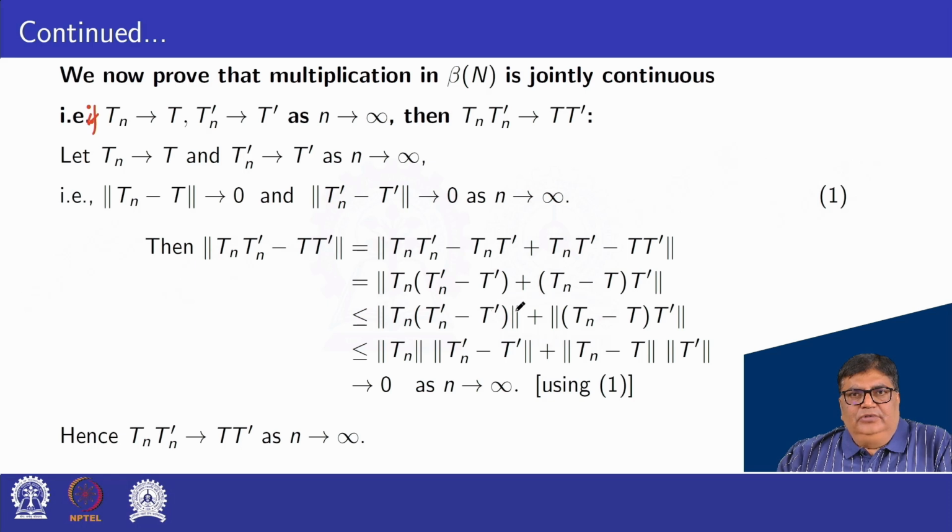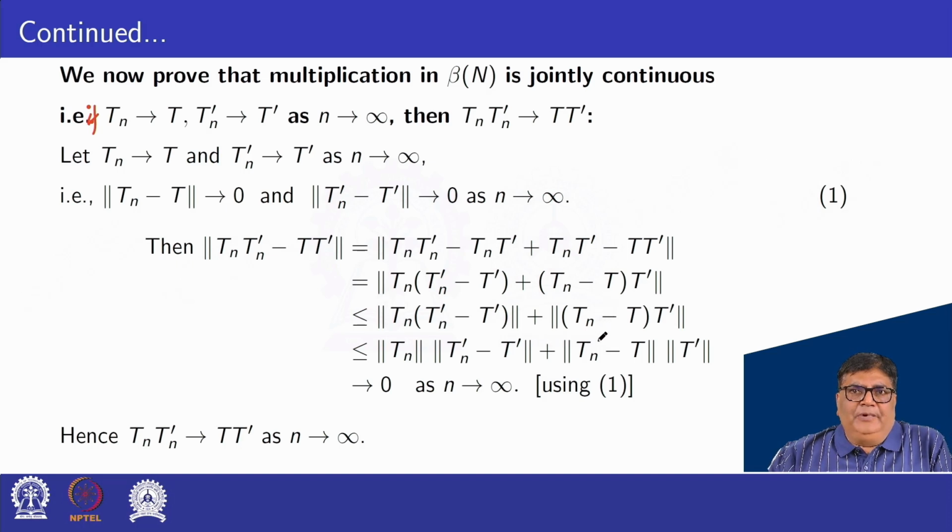Here we have two terms in the norm, so we can apply the triangle property of norm: it is less or equal to norm Tn times Tn dash minus T dash plus norm Tn minus T times T dash. Here is the multiplication of two linear transformations, Tn and Tn dash minus T dash, and similarly this.